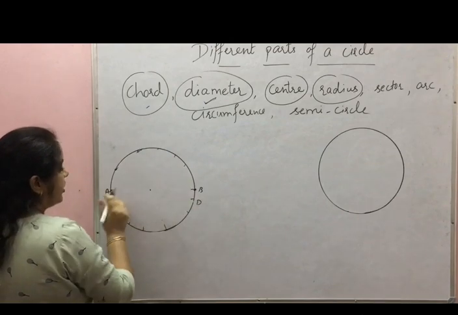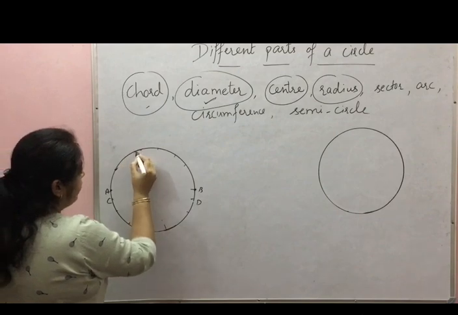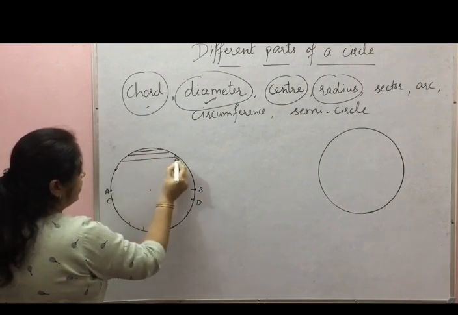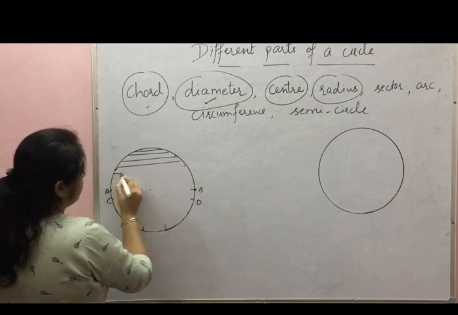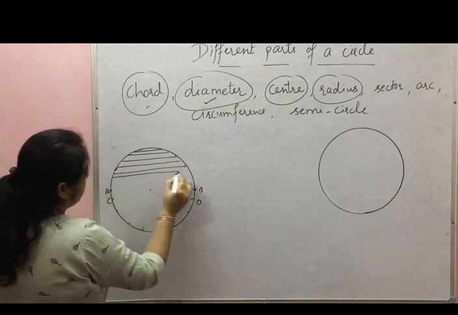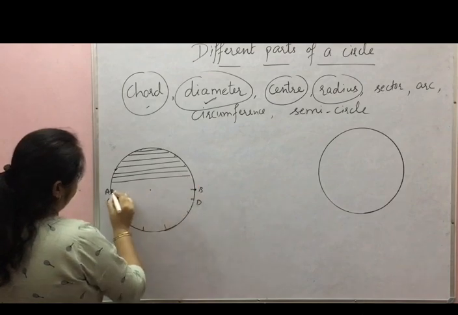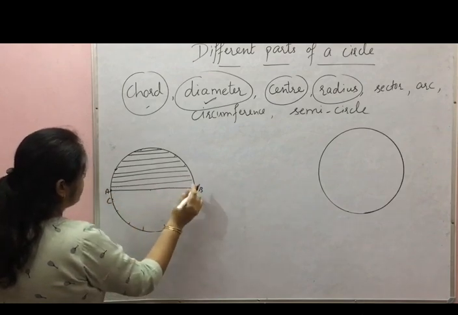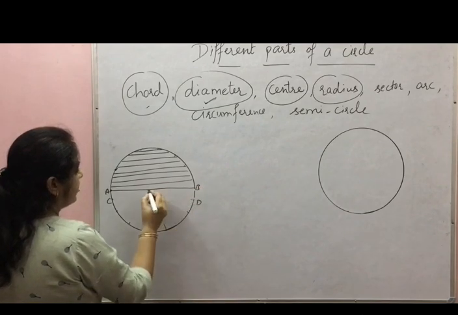Now also one thing you are observing, that we have seen that diameter is a chord which passes through the center of the circle. See, if we go this way, this is a chord. All these are the chords of the circle. Now you may observe, this is a chord which passes through the center of a circle.